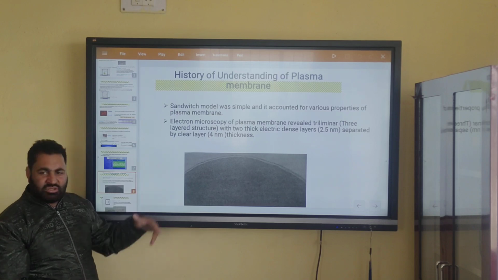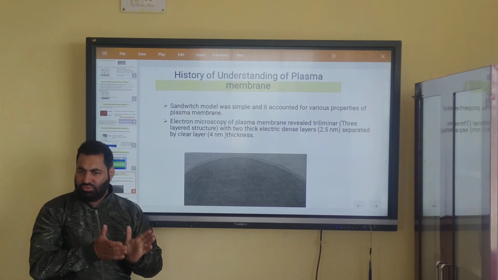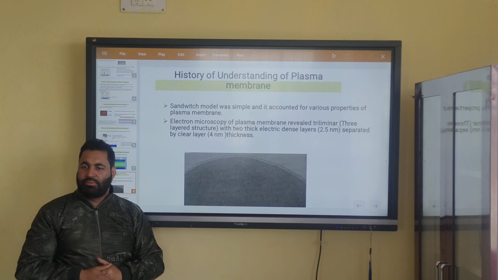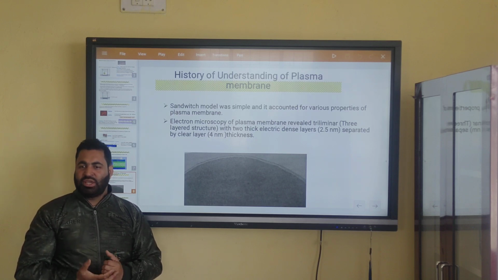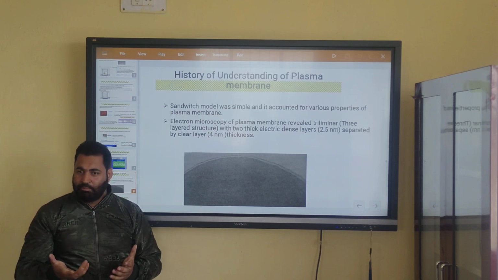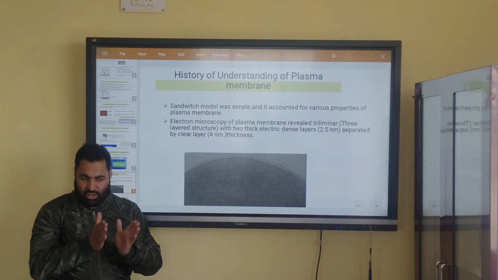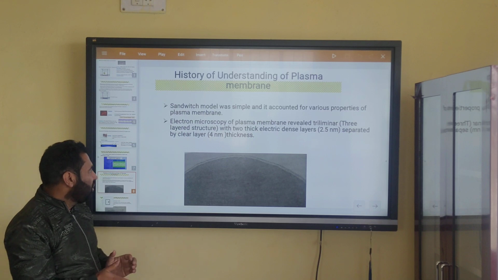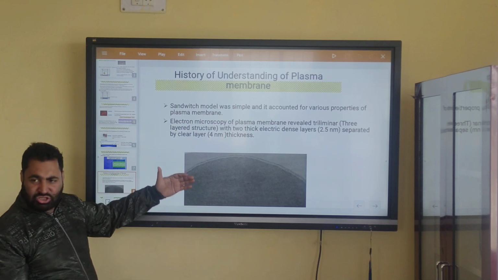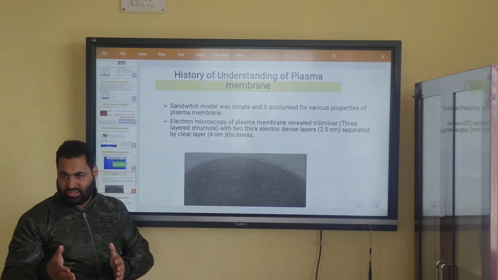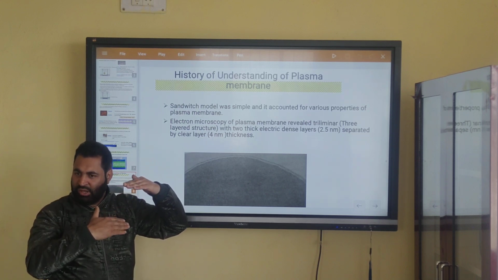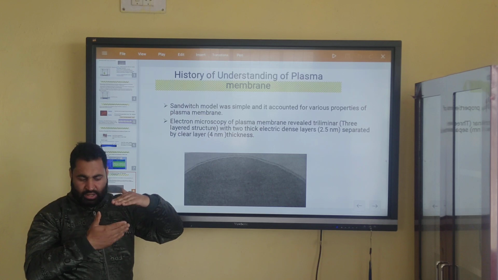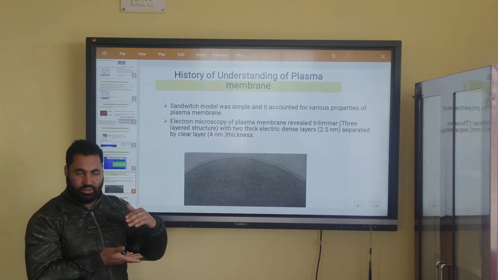This trilaminar model was possible because of high technology electron microscopy. In electron microscopy, we use an electron beam for getting the image of a particular structure. So this was somewhat supportive of the sandwich model, because the sandwich model also suggested an upper outer protein layer, a middle phospholipid layer, and an inner protein layer again.